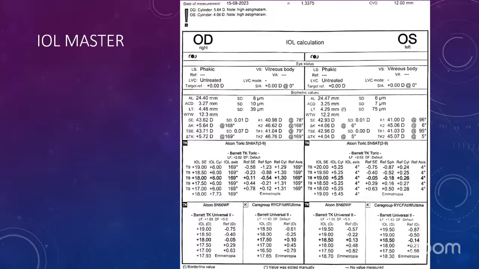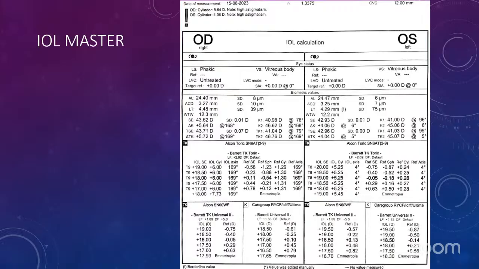So if you want to correct one diopter of astigmatism, you should use a 1.5 diopter toric IOL. Here the astigmatism is around 5.5, so the patient requires a toric IOL power of around 7.5 to 8.